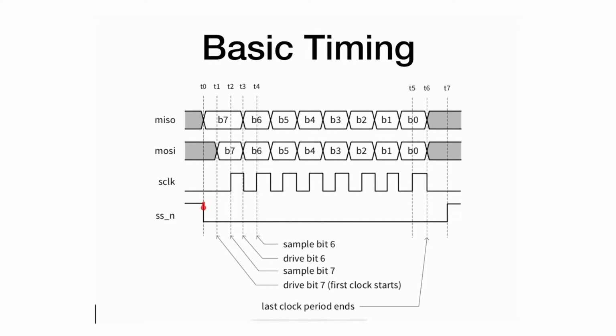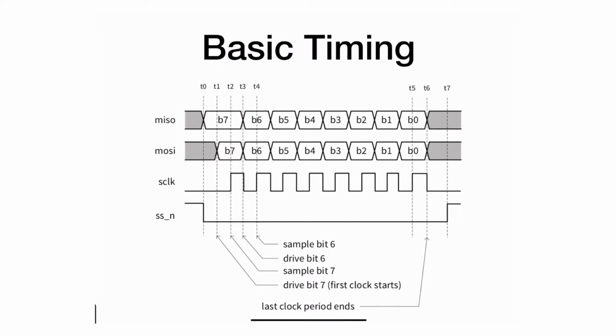At the slave select, it goes to 0. Basically, it gets asserted. This indicates to the slave that I'm ready to communicate and you need to start. So the slave, at the same time, puts its B7, which is bit number 7, on the MISO, which is the master in, slave out. So on the output of the slave, it just puts its own bit 7.